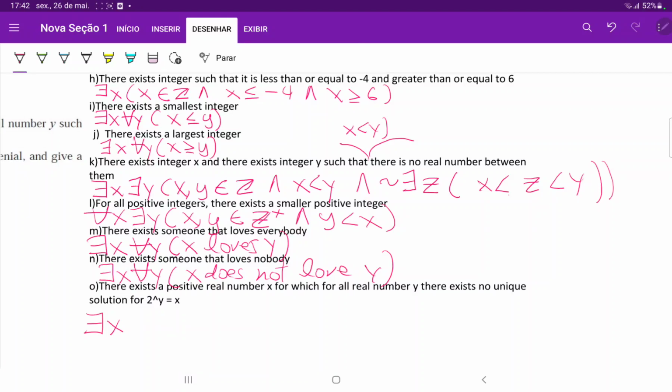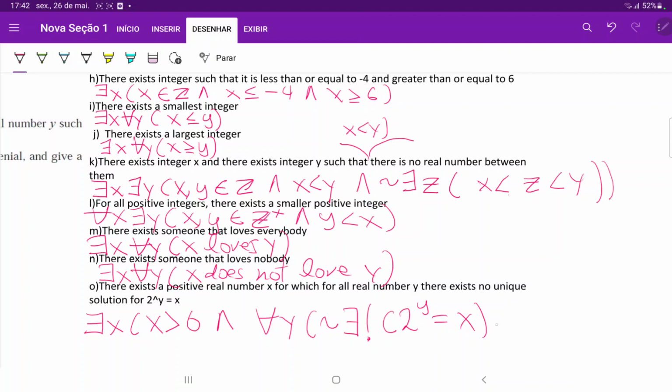So there exists a positive real number x, x is greater than 0, and such that for all real numbers y, there does not exist a unique solution for 2y equal to x.